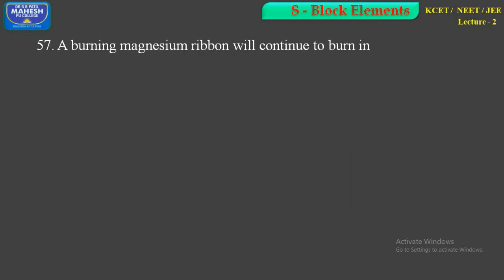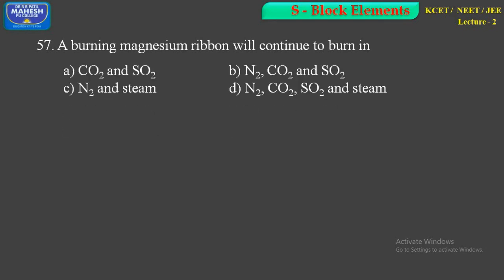Question 57. A burning magnesium ribbon will continue to burn in option A, carbon dioxide and sulfur dioxide. Option B, nitrogen, carbon dioxide and sulfur dioxide. Option C, nitrogen and steam. And option D, nitrogen, carbon dioxide, sulfur dioxide and steam.